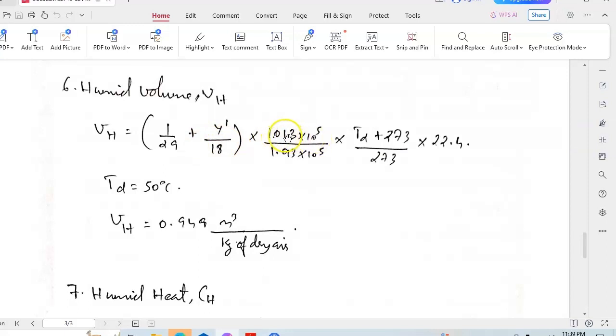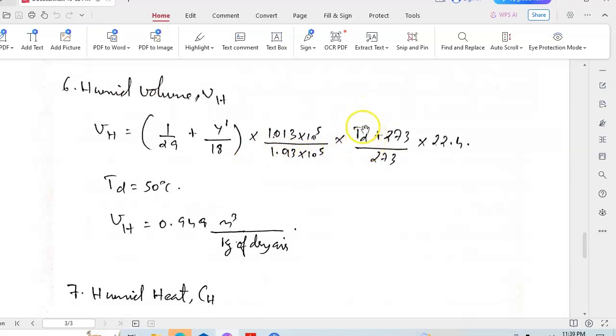P is equal to 1.013 into 10 raised to 5 Pascal, divided by total pressure 1.013 into 10 raised to 5, into TD.